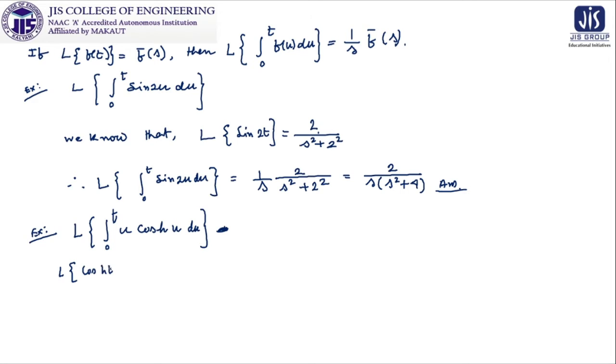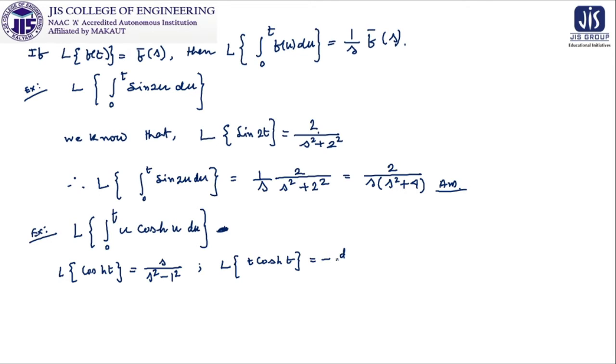The Laplace transform of cos hyperbolic t is equal to, it is known to us, a standard form, s by s square minus 1 square. Then we can find the Laplace transform of t cos hyperbolic t, that is multiplication by t.